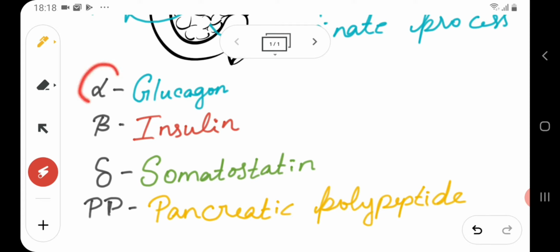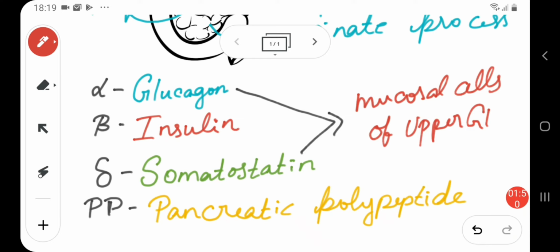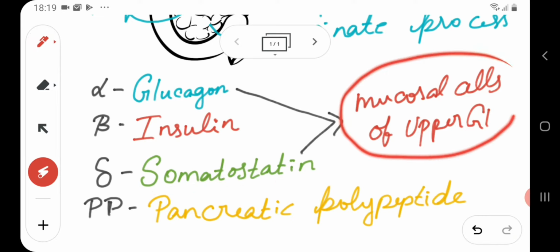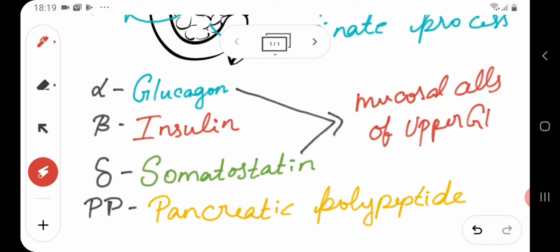So this is alpha cell, it secretes glucagon. The beta cell secretes insulin, delta cell secretes somatostatin, and PP stands for pancreatic polypeptide. So glucagon and somatostatin are also secreted by the mucosal cells of the upper GIT.